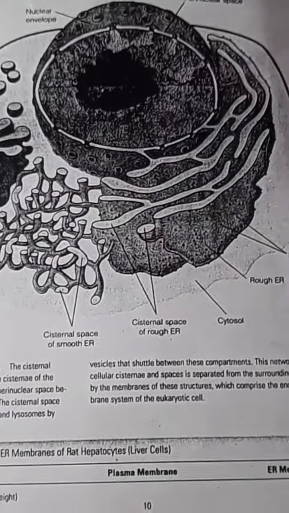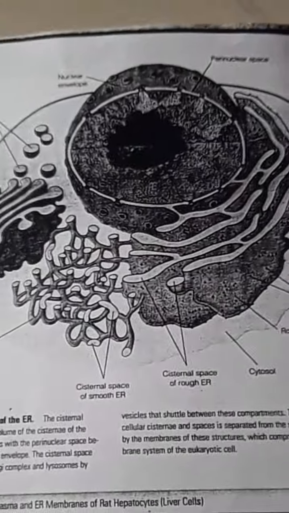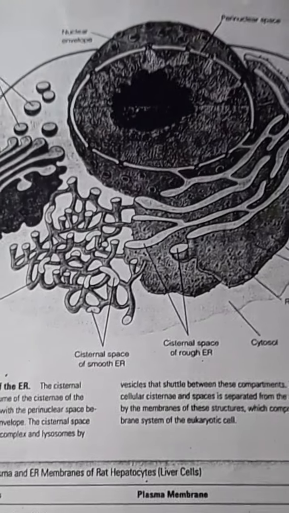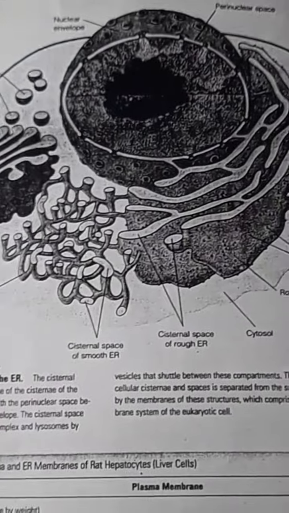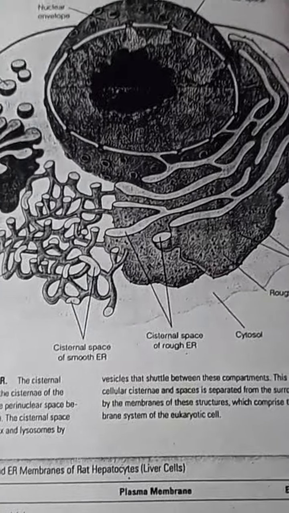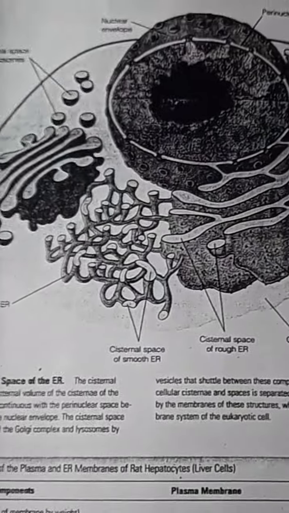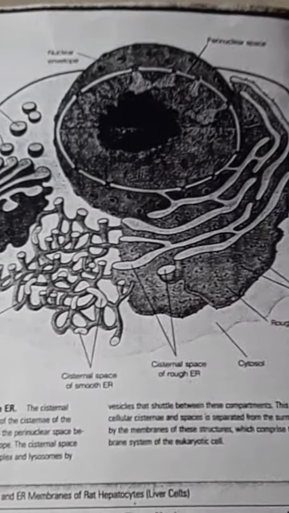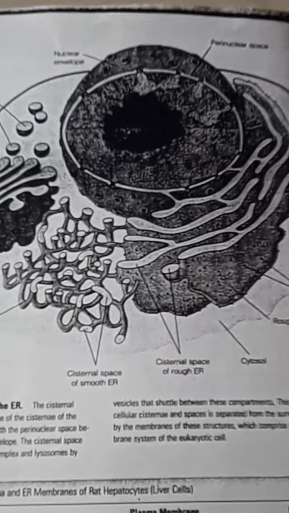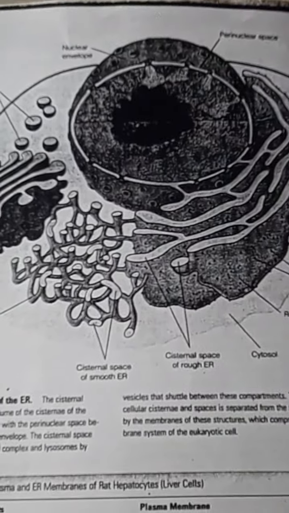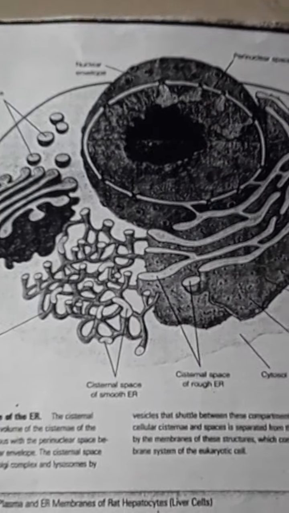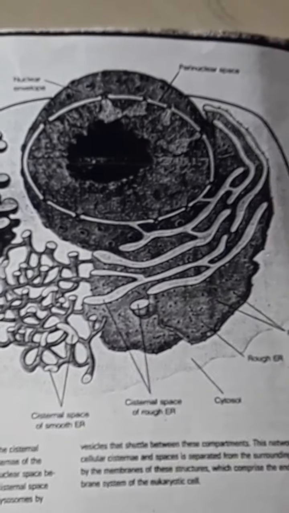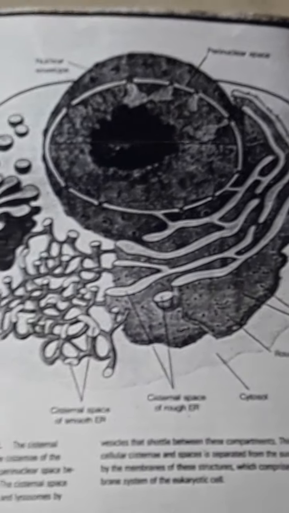The rough endoplasmic reticulum differs from the smooth endoplasmic reticulum with the presence of ribosomes on the surface. These ribosomes are of great significance because ribosomes are related to the synthesis of proteins. We know about the central dogma, from DNA to RNA to protein, and for protein synthesis, that is translation, we need ribosomes.